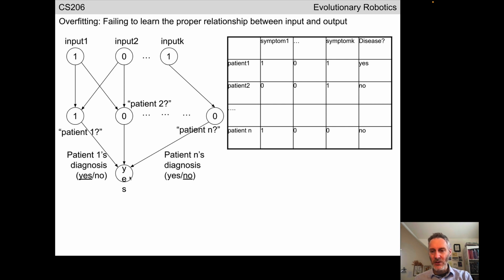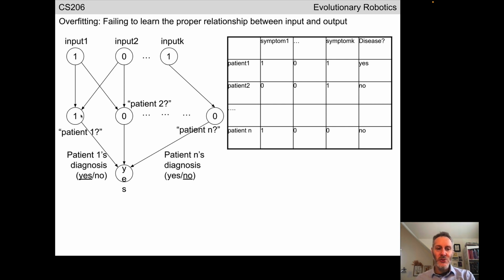An output of 0 is the network's prediction that that patient does not have the disease. As we saw in the exclusive OR example, we might want to include some hidden neurons and wire the input neurons up to the hidden neurons and then wire up the hidden neurons to the output neurons.